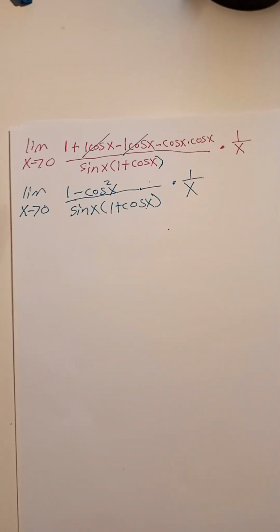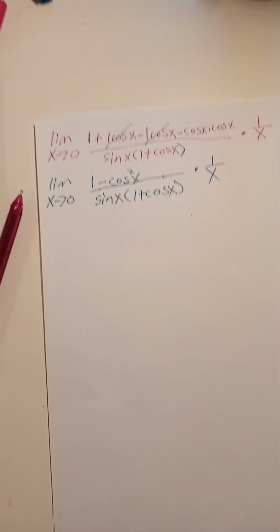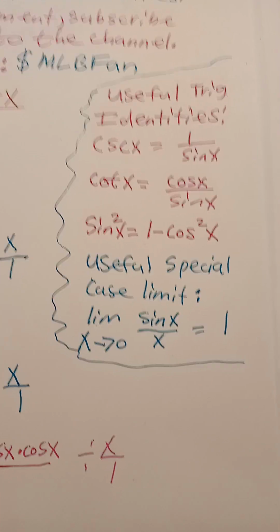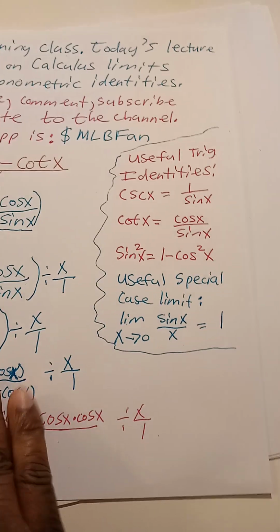And now we know the special case limit for 1 minus cosine squared of x. Let's bring that back really quickly. Sine squared of x is equal to 1 minus cosine squared of x.